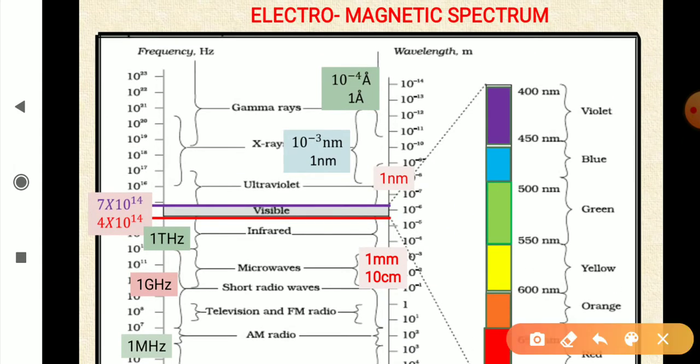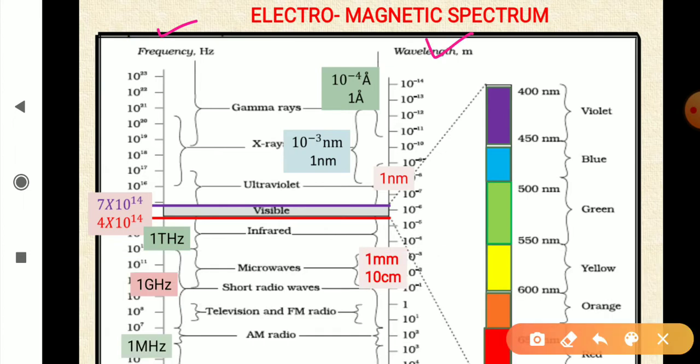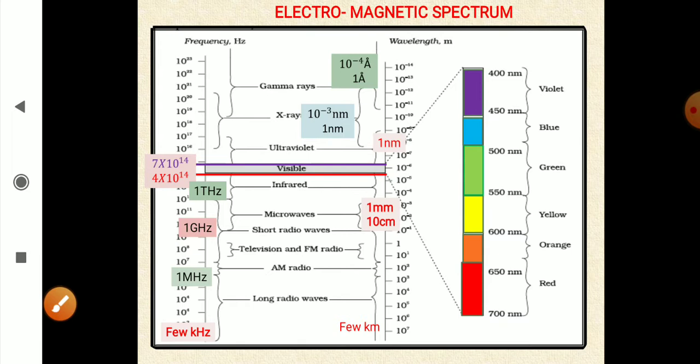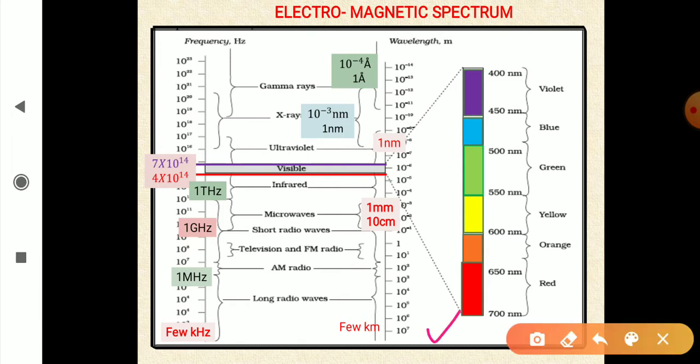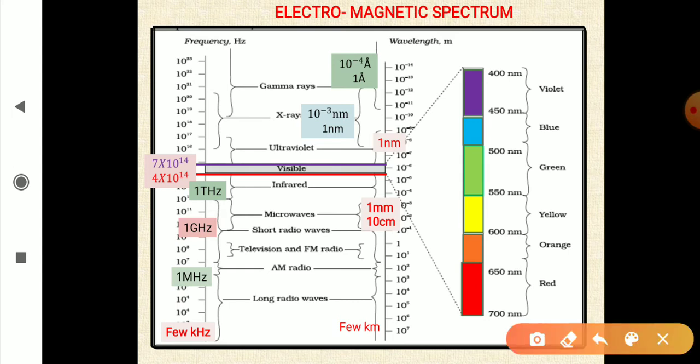So we have chosen frequency on one side and wavelength on the other side. If you start from longer wavelength to smaller wavelength and smaller frequency to larger frequency, then the sequence is radio waves.